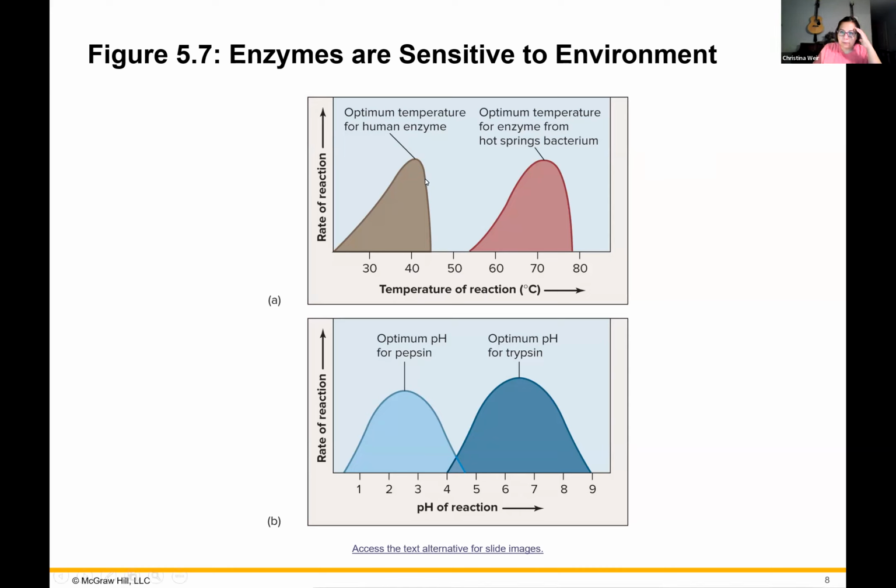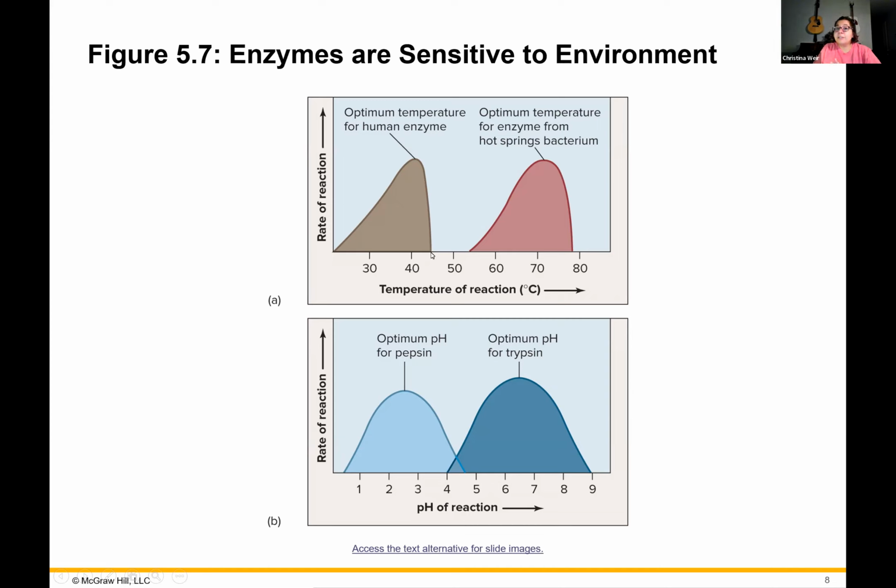So if your brain gets too hot with a high fever, you can actually cause brain damage to some extent by cooking the enzymes in your brain. The nice thing is that we have some ability to clean up denatured proteins, but if you stay too high for too long, you can cause permanent brain damage, even death from a really high temperature.